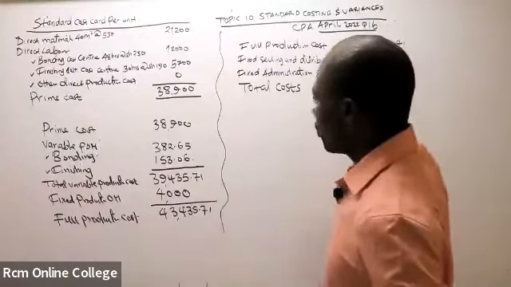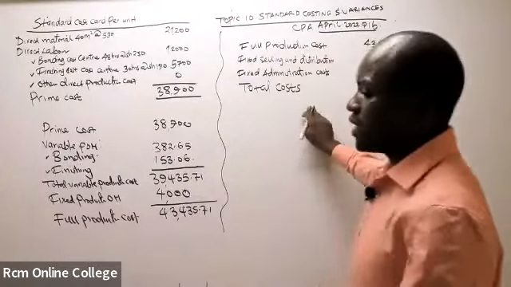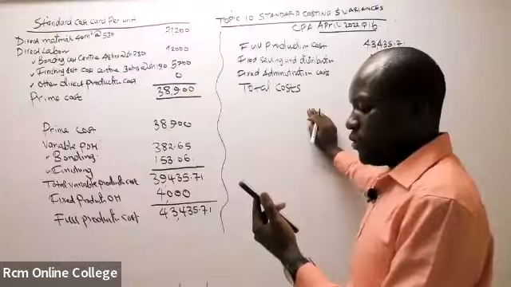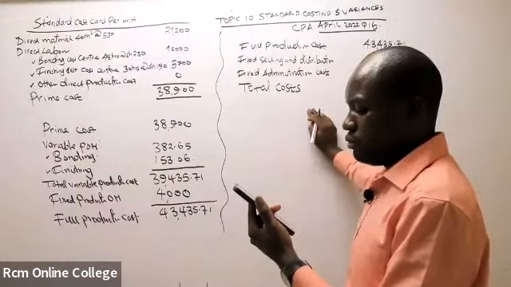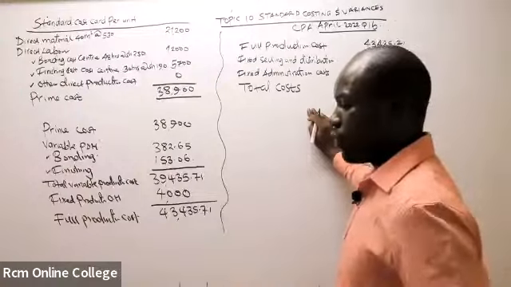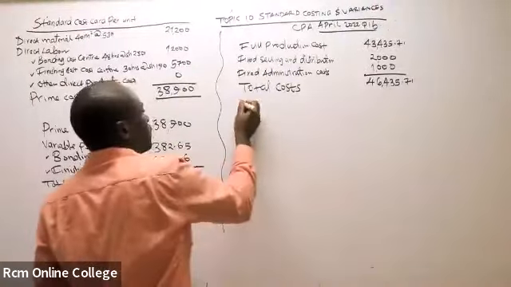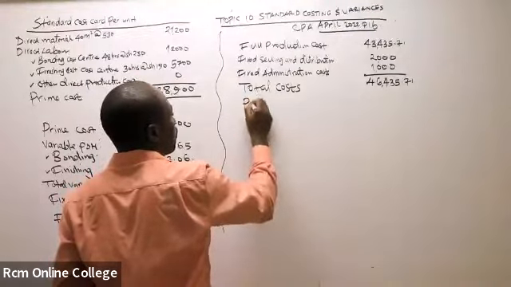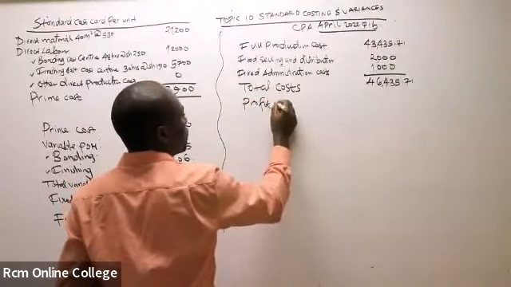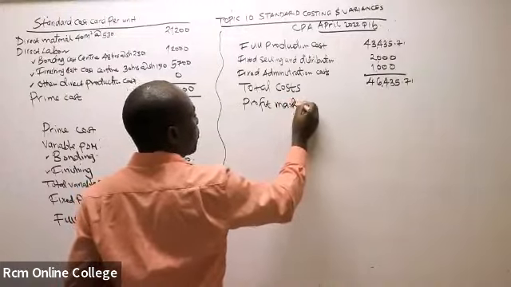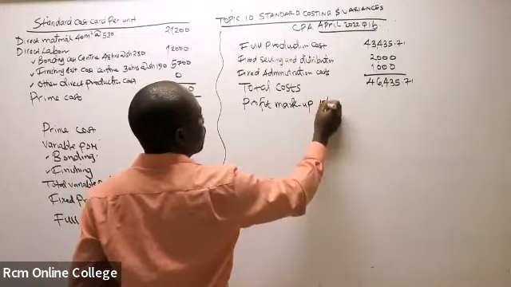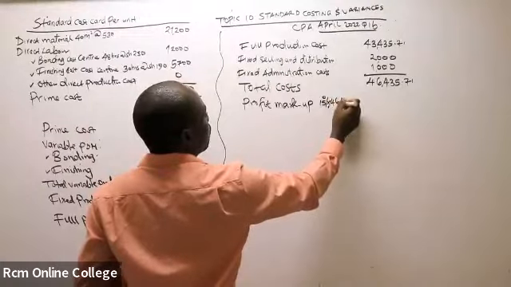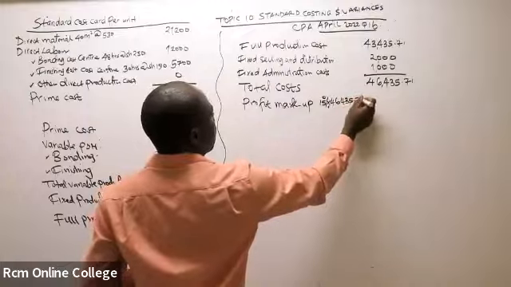Now, to this total cost, what are they telling us? They want us to get the selling price per unit, with a notional profit of 15% on cost. So that is markup. Profit markup. 15% of how much? Of 46,435.71.